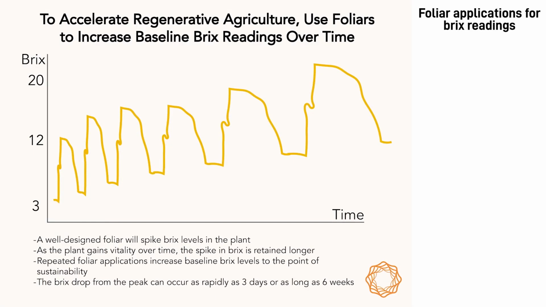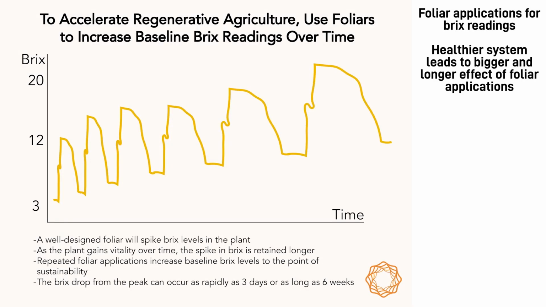When we have really unhealthy soils, really challenged soil microbial communities and really unhealthy plants, it can drop from a 12 back down to a 4.5 or a 5 in as little as 3 days. So the healthier the system becomes, the bigger and the more long-term the effect of a foliar application.